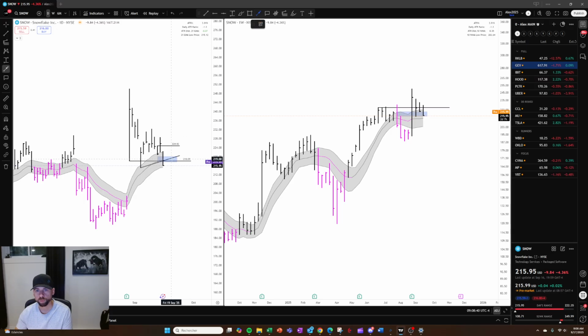But if that weakness is just a shakeout and it comes back in, it will come back into focus. But if we follow through down here and start to live below the daily structure, then that might tell us it needs more time to digest and build, maybe retest and fill the gap. I don't know, but it's acting weak, and I think there's better stuff right now.